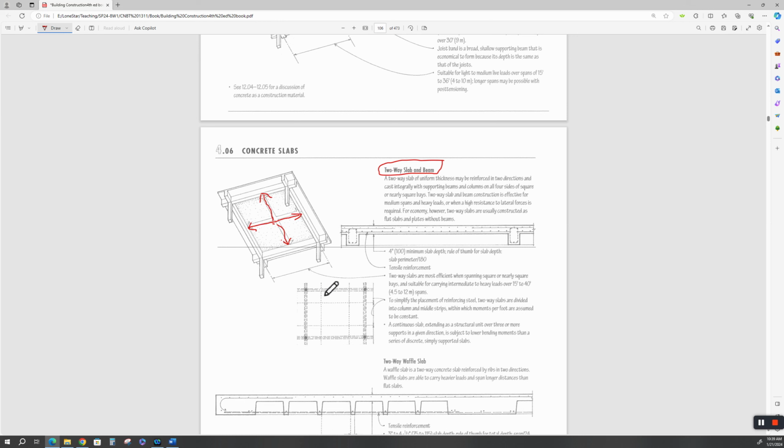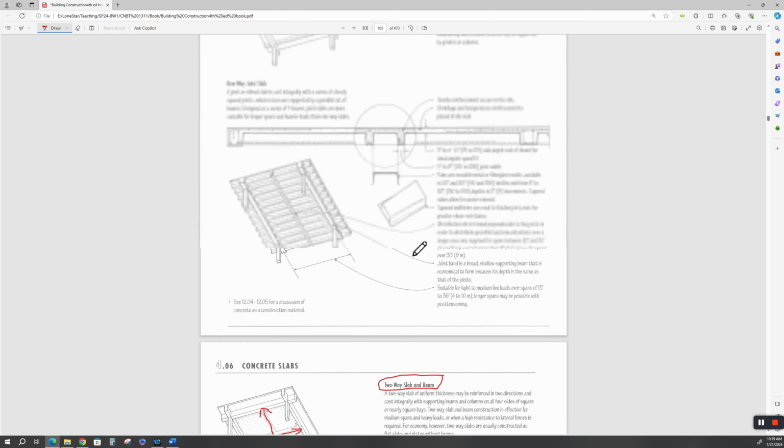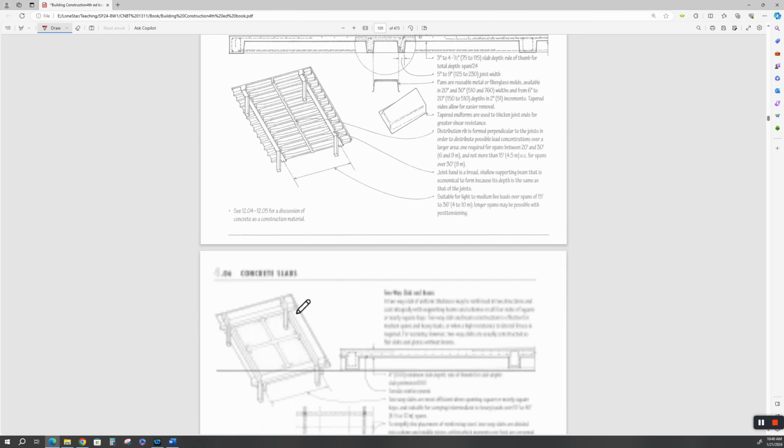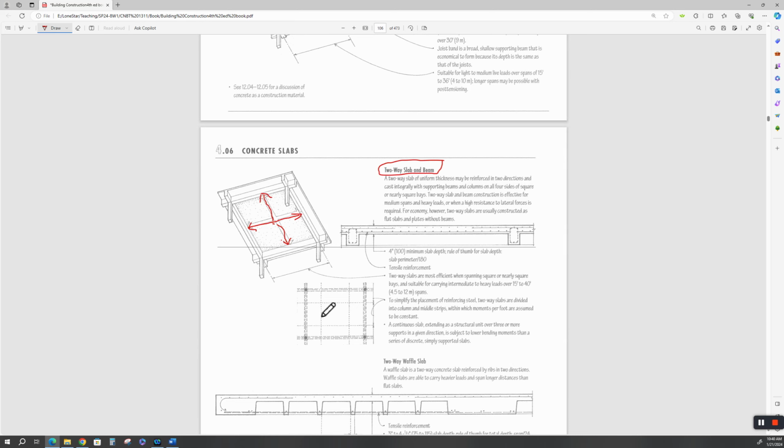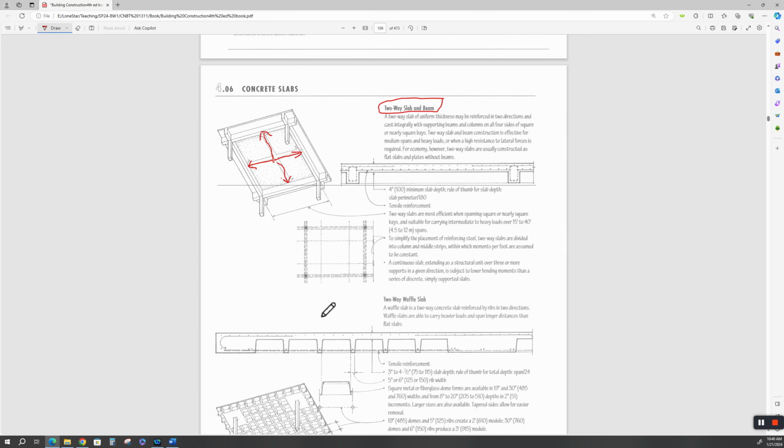So what you do is split your grid system up into more of a square for the bays, and you can use less concrete. You don't necessarily have to put a bunch of beams across here like you had to up here. Again, your mileage is going to vary. You get with your engineer and y'all work this out.